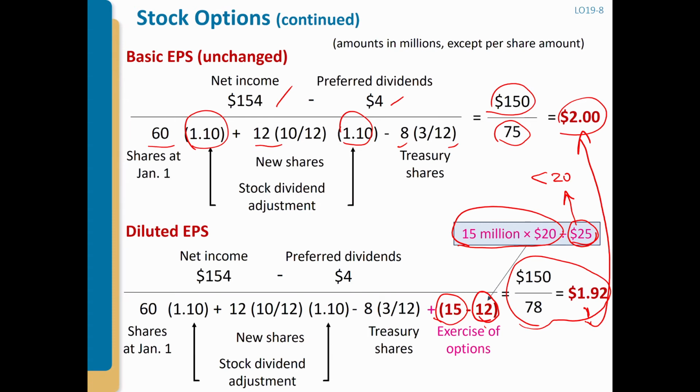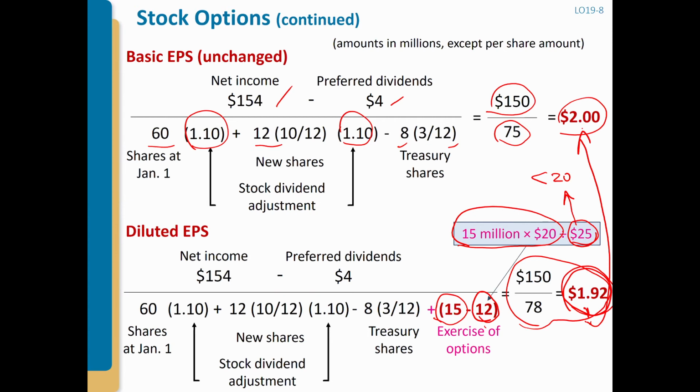If this part is negative, then the total earnings per share calculation will be higher than $2, which we call the anti-dilutive situation. It won't give you the worst earnings per share, which is what we don't want. We want the worst situation. Is that clear, everyone?